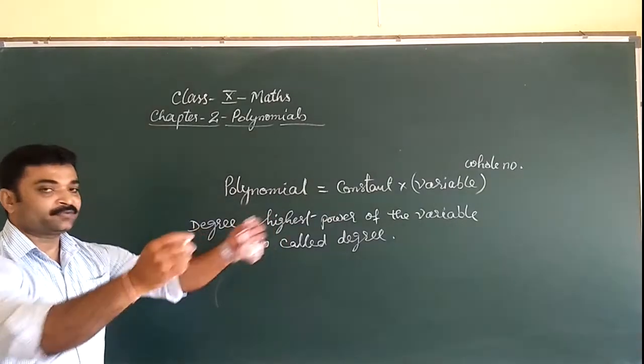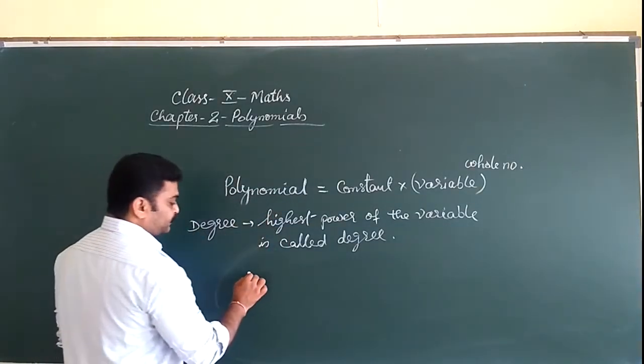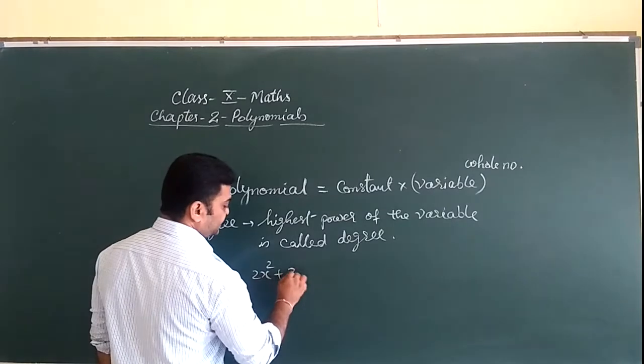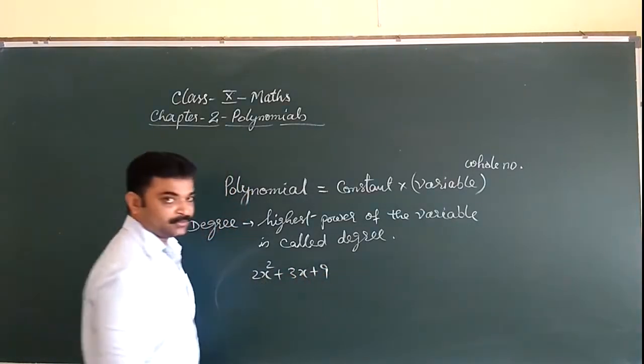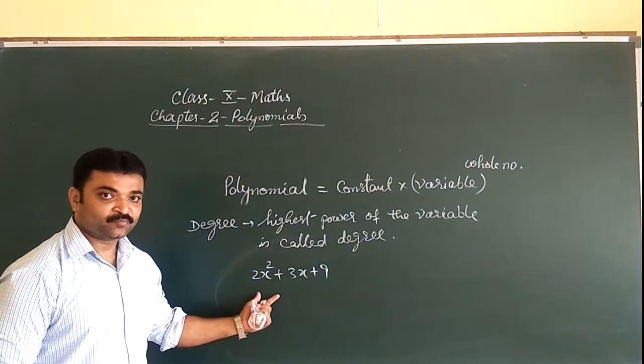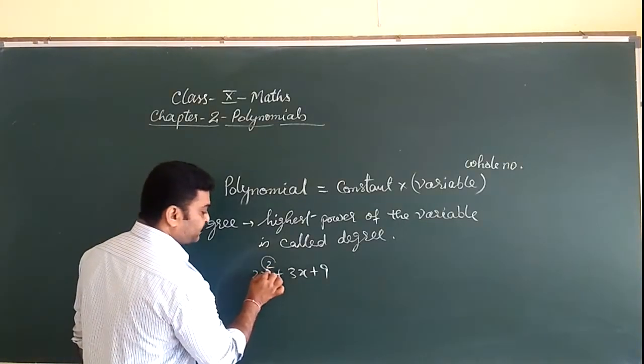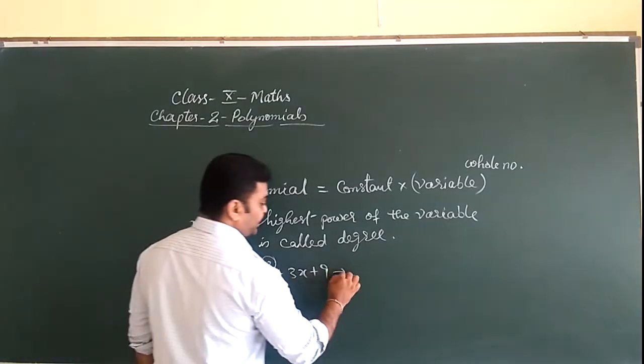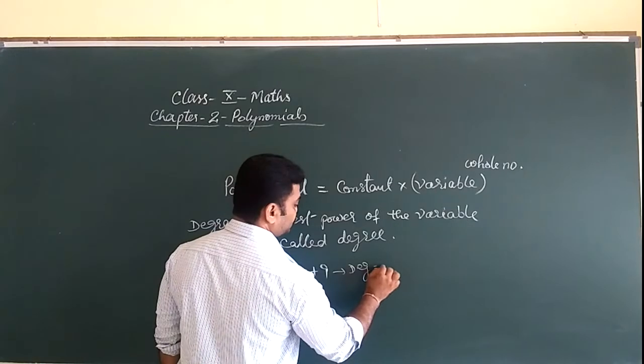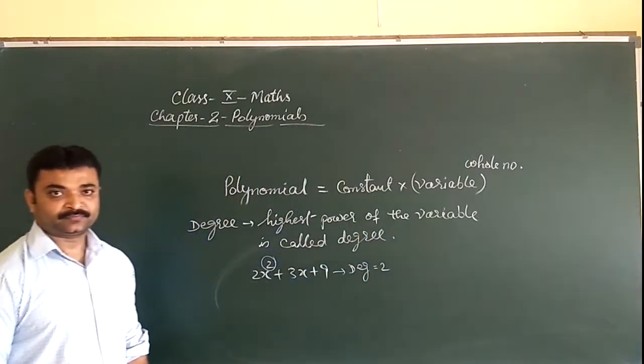Got it? Highest power of the variable is called degree. Suppose I am writing 2x square plus 3x plus 9. What is the degree of this polynomial? The highest power of the variable is 2, so we will write degree is 2.